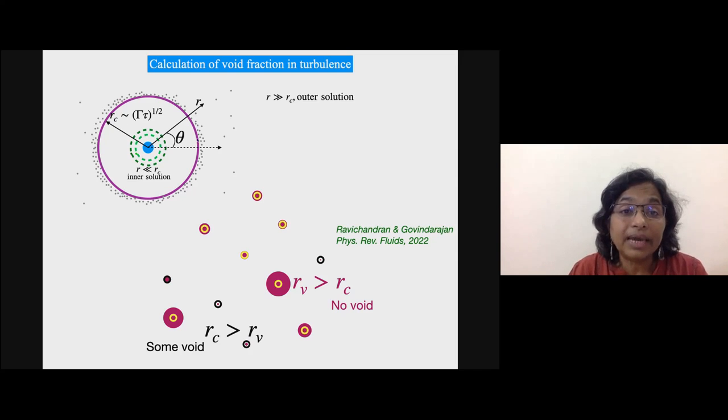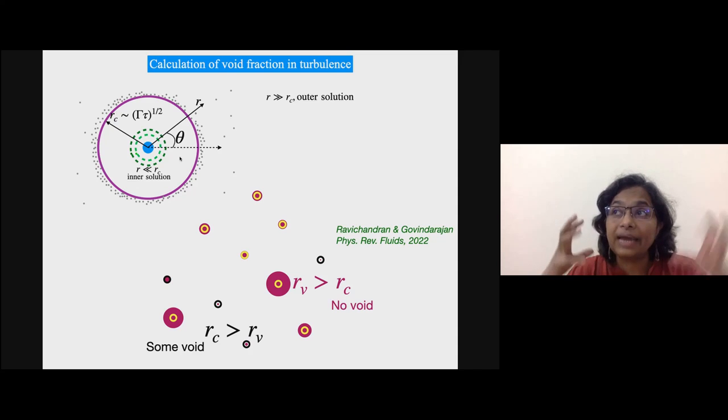Outside you have all the particles collecting, and inside there's a void. So whoever used to be in a void has a big chance of colliding with somebody else. That's the basic message. So we want to understand void volumes in turbulence to understand how many such lucky droplets there can be.